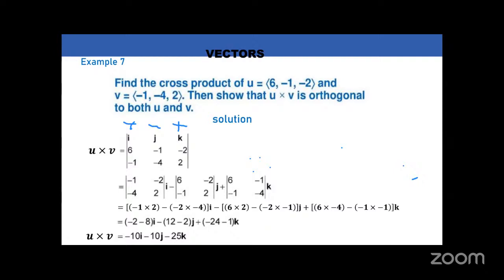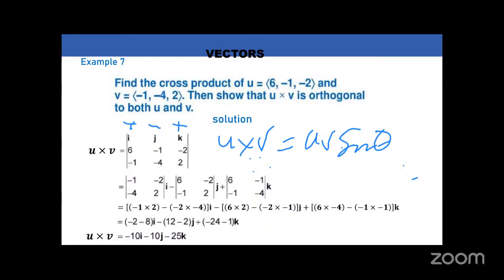For a cross product, the formula is U cross V is equal to UV sine theta.